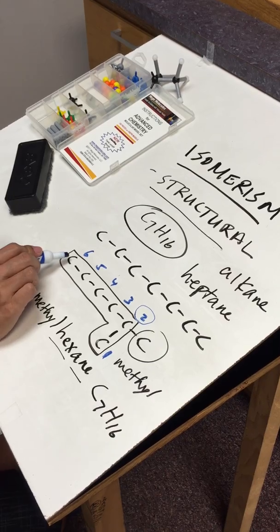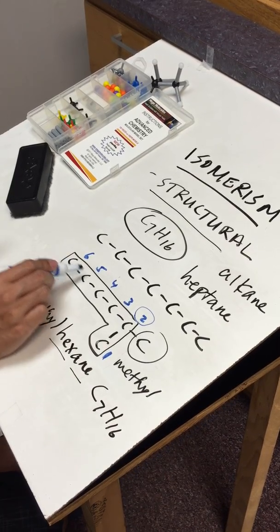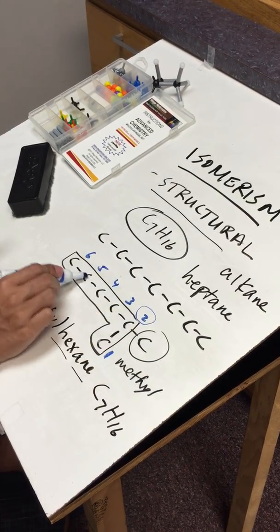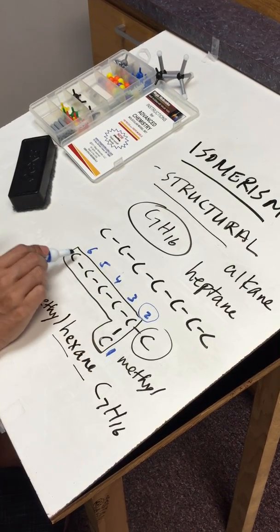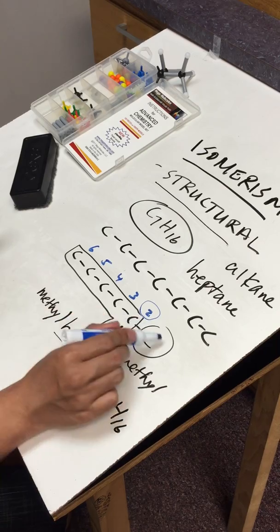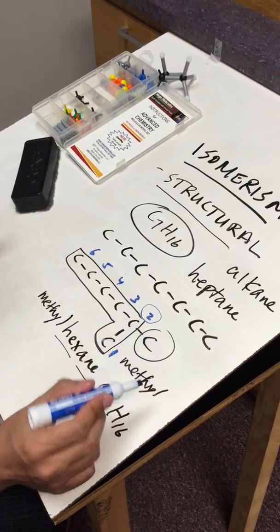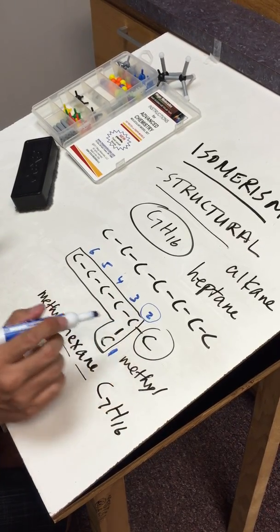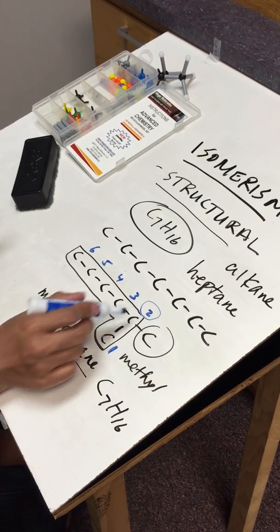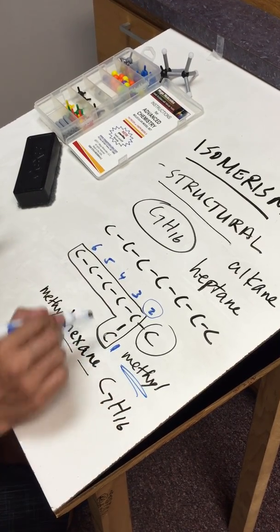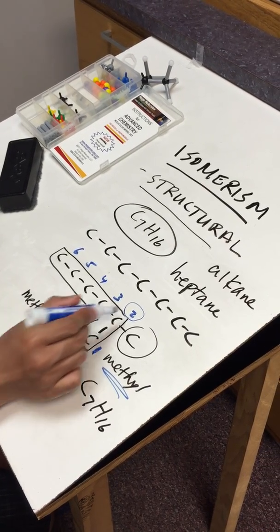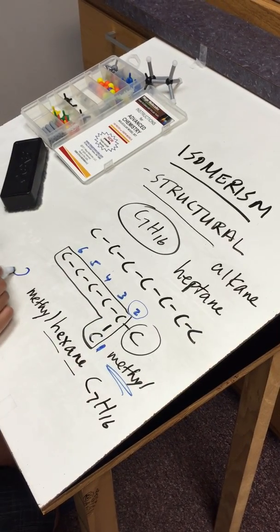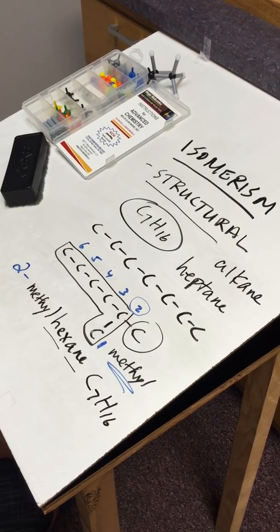So it is wrong to number it this way, because the methyl would be connected to carbon number 5. The correct numbering should always reach the methyl branch using the lowest possible number. So 1, 2, 3, 4, 5. This is actually a 2-methyl-hexane molecule.